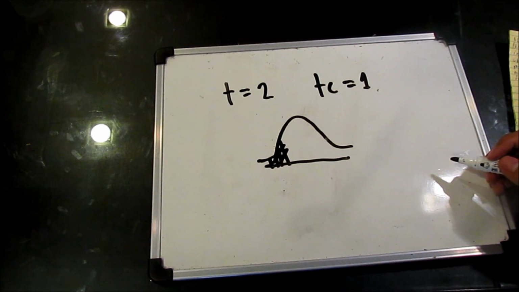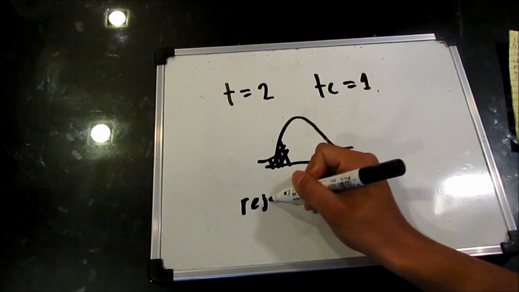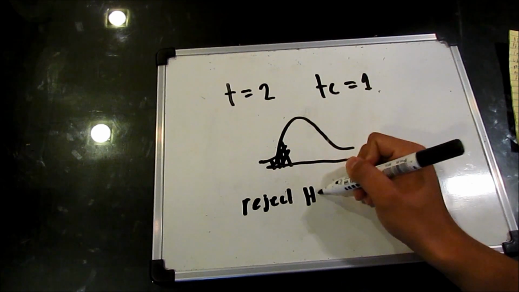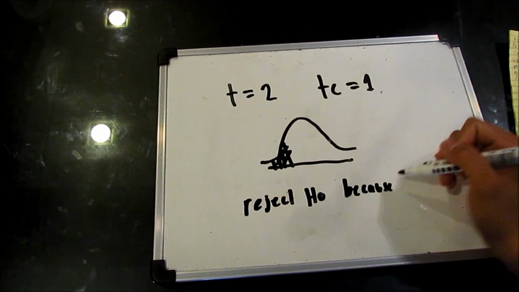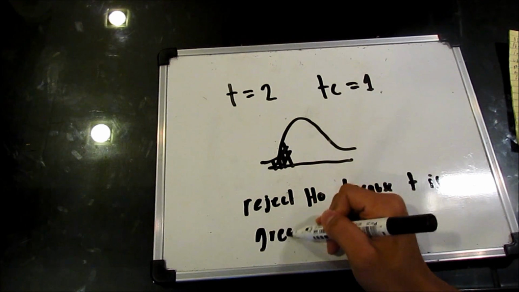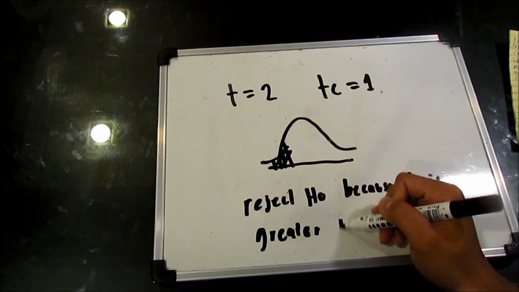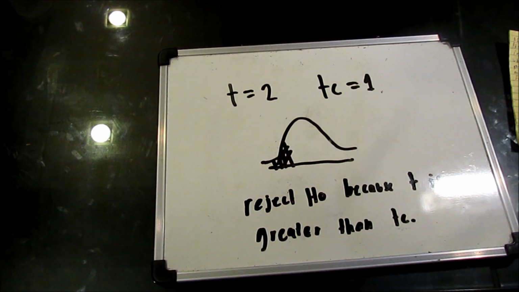Therefore, our conclusion will be reject H0 because T is greater than Tc. In the next part of this video, we would be showing two sample problems.